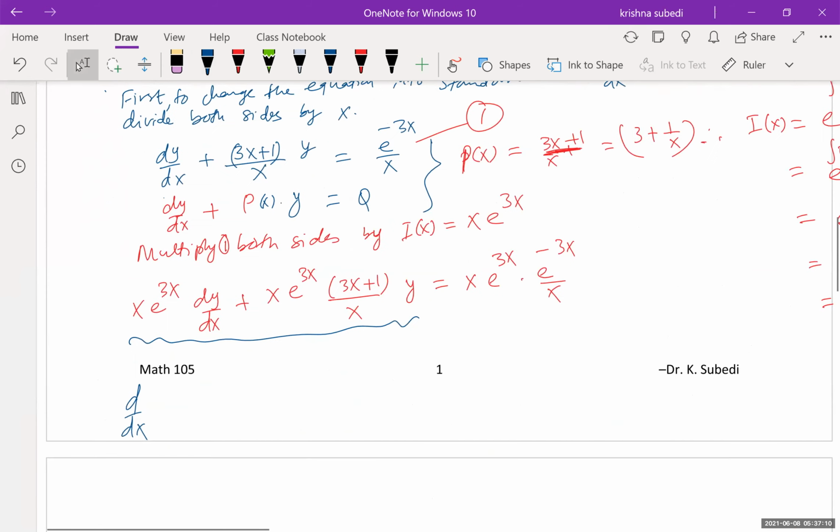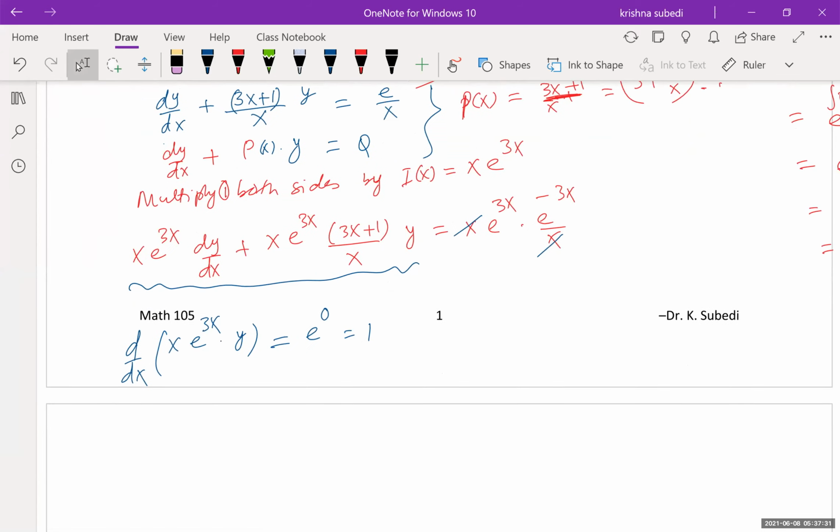It always works. So d over dx of x e to the 3x times y equals, now this x and x cancel out, so you're going to get e raised to power 0, which is 1.